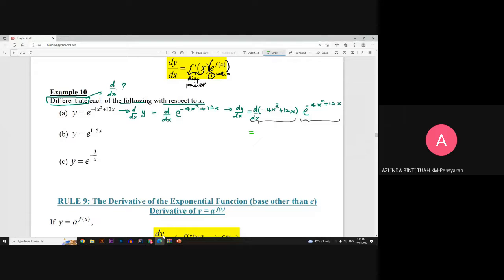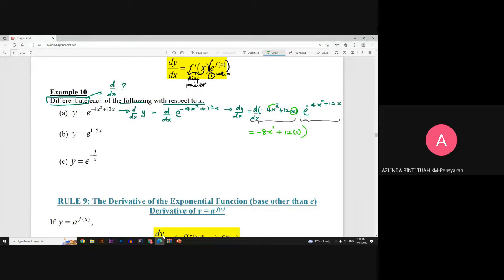So next, it is differentiation of the first term is negative. Kita akan apply power rule, 2 turun ke bawah. So negative 8, x, 2 minus 1, 2 minus 1 is 1, plus 12, differentiate x adalah 1.